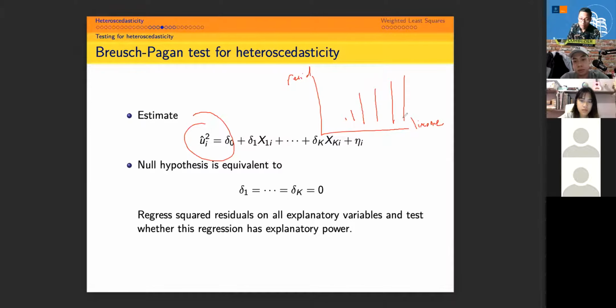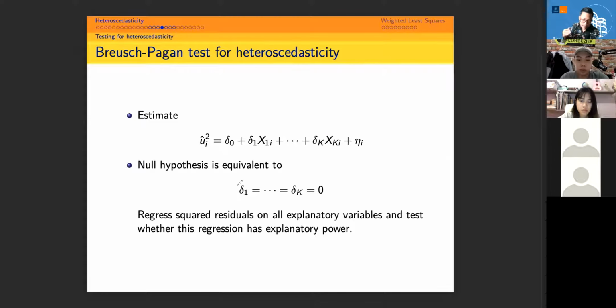Now, how do we statistically test for that? As you recall in chapter 4, one of the things that we can do is to identify multiple restrictions in the regression. In this case, we're going to test whether or not delta 0, delta 1, delta 2, delta 3 until delta k are simultaneously equal to 0.